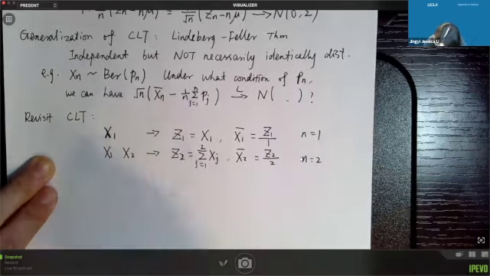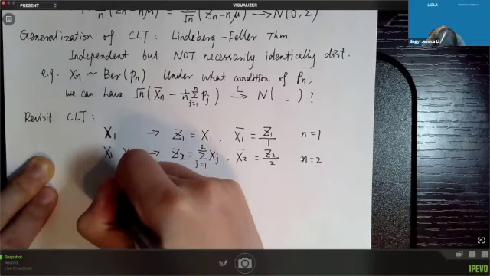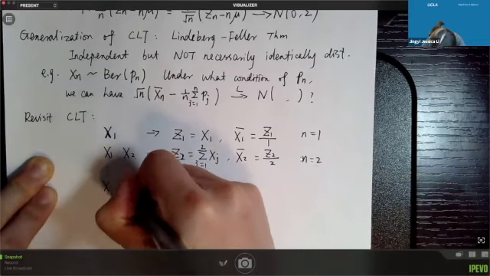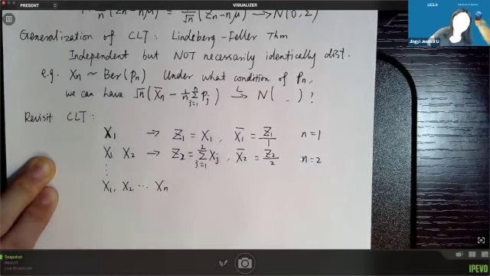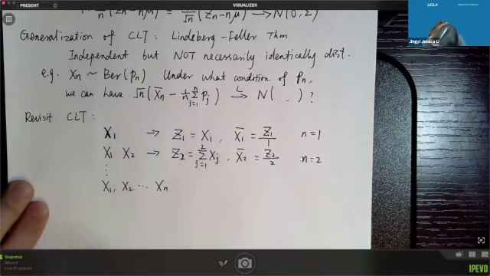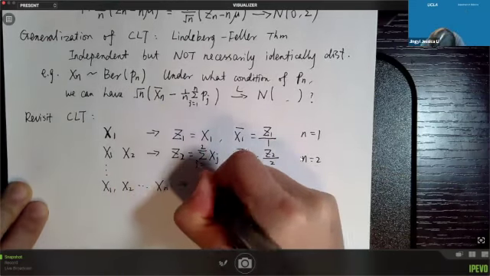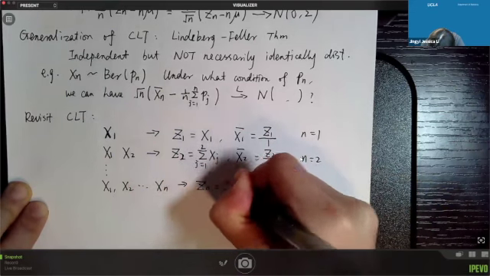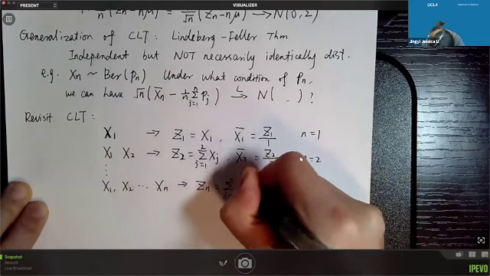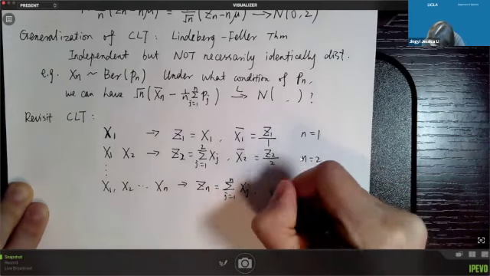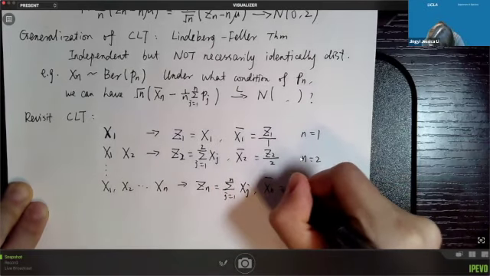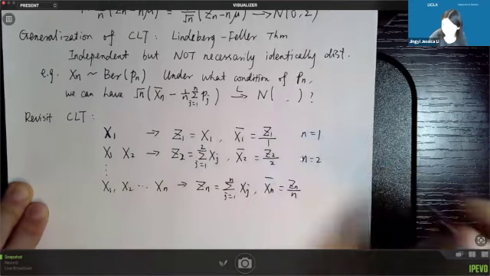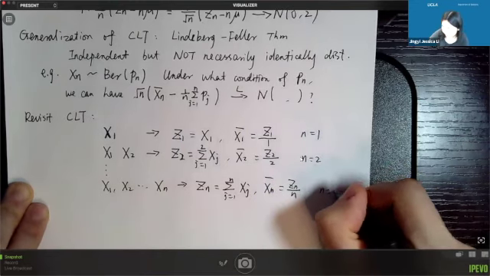And let's go on to Xn. We now have n random variables in the sequence. So we can define Zn as the sum over j from 1 to n of Xj, and Xn bar is Zn divided by n. So this is the case n equals n, and so on.